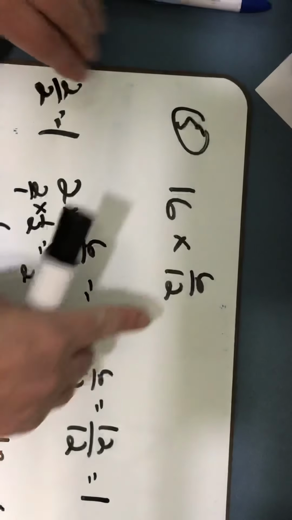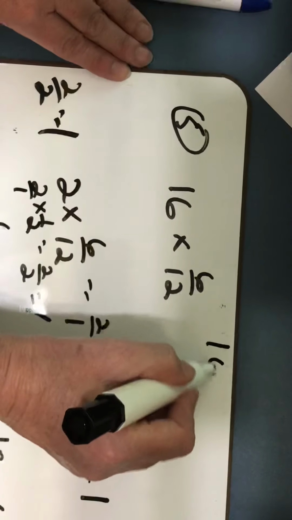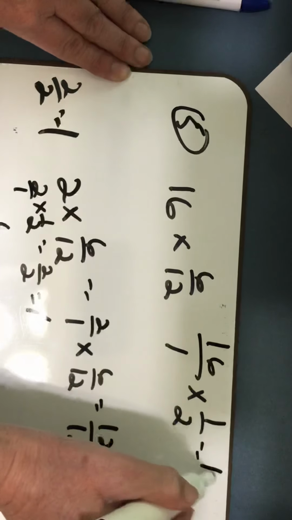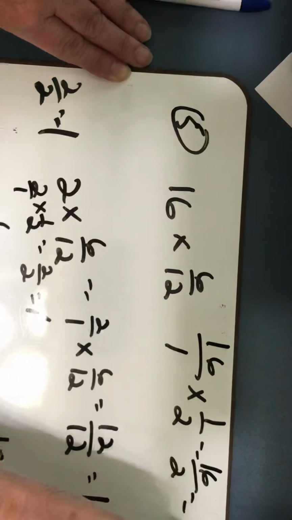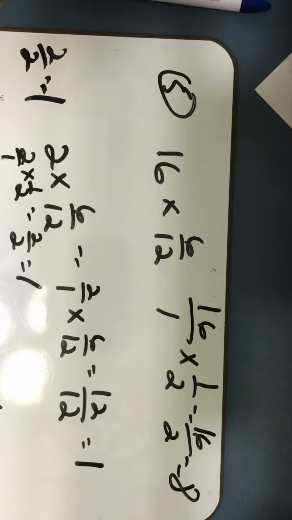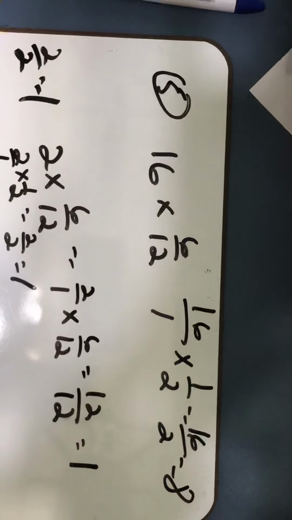Now let's look up here. So I could change this to 16 over 1 times 1/2, which equals 16/2, which equals 8. So yes, Alyssa is correct. And the reason for that is because 6/12 equals 1/2. Go ahead and finish numbers 2, 3, and 4 on page 194.